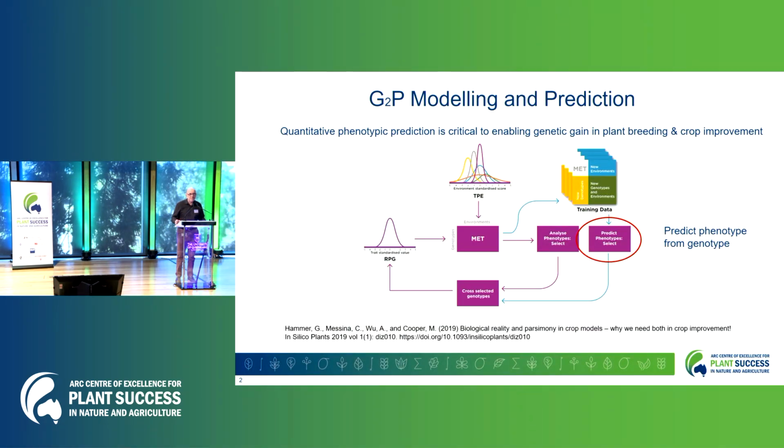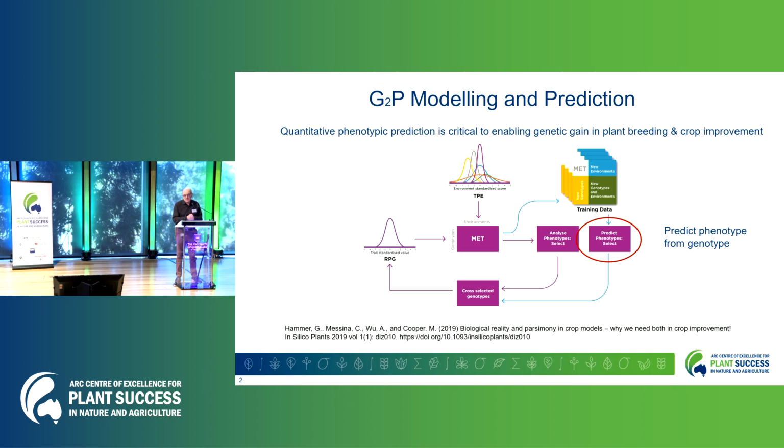And it comes back to this diagram which looks at plant breeding, and quantitative phenotypic prediction is really critical inside plant breeding. This is one of Mark's figures from that 2019 paper. The whole point, though, is to have a reference population of genotypes, your RPG, which contributes to a multi-environment trial.